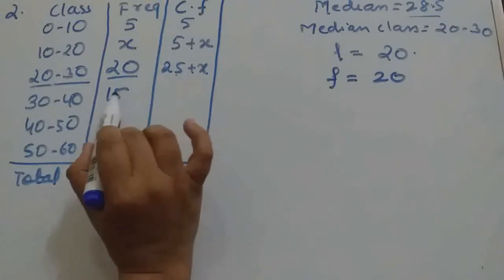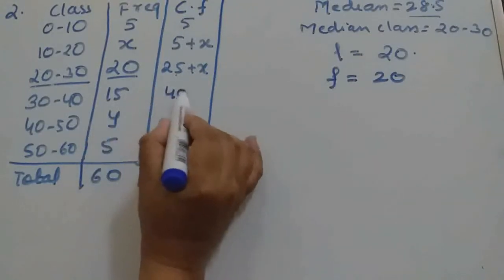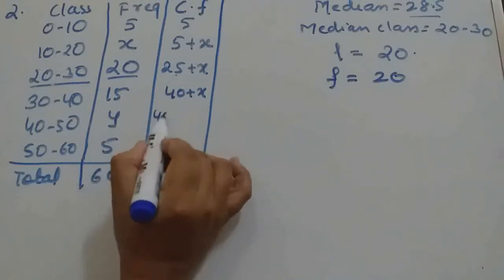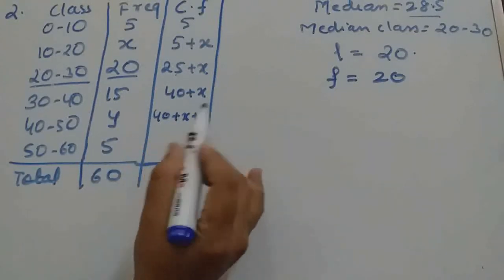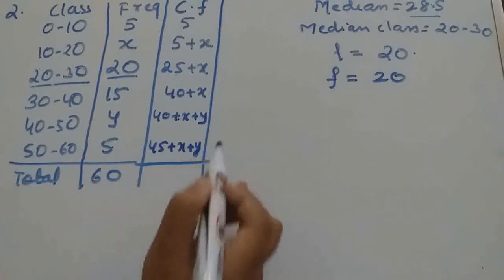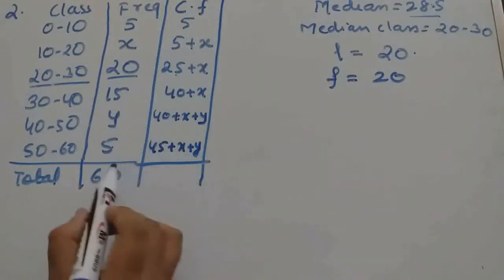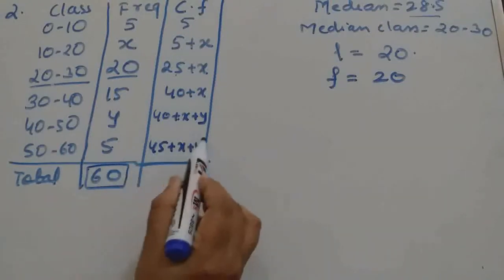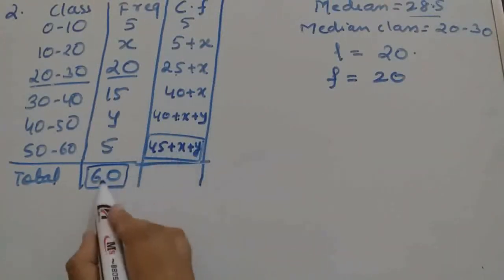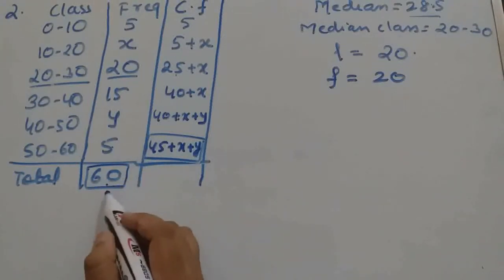Then 25 plus 15 means 40 plus x will come. Then 40 plus x plus y. Then this plus this. We know this total should be equal to the last entry of the CF column. So these two are equal, and we will get one equation here.